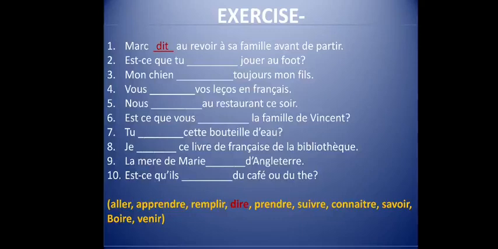So children, here you can see a few fill in the blanks are given and some verbs are also given. Here you have to fill these blanks according to the verbs which are given at the bottom.